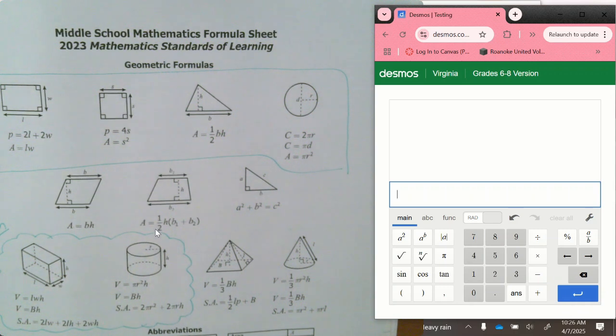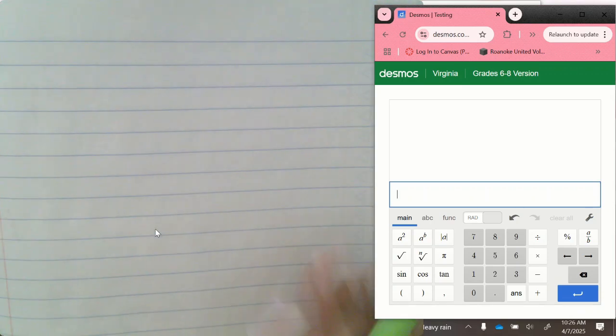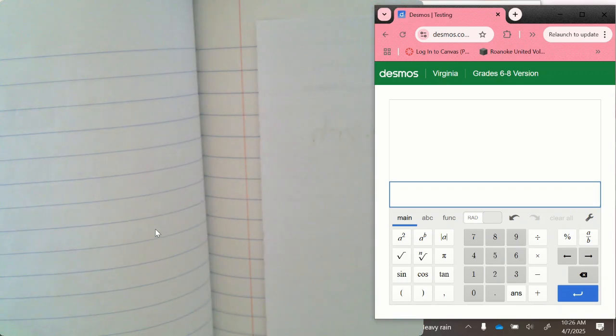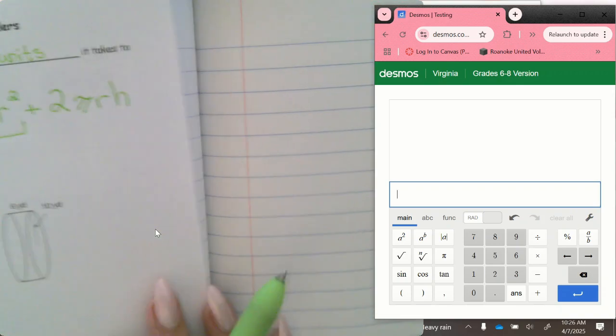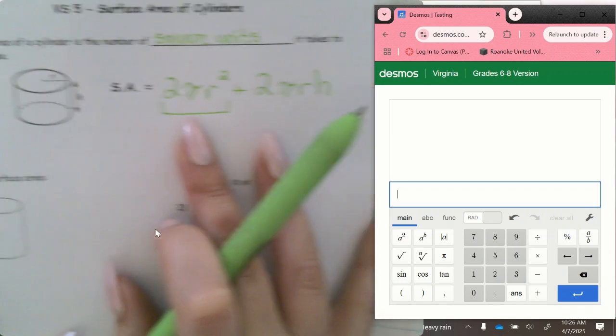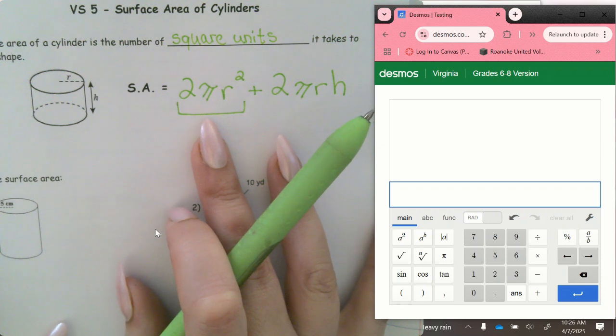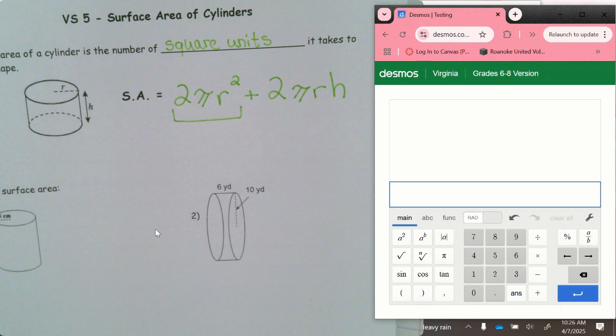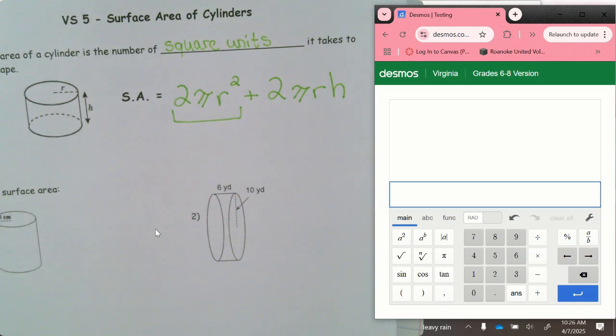Pi r squared, okay? So when you're looking at that part of the formula, the 2 pi r squared, pi r squared is the formula for area of a circle. So why do you think, when we're finding the surface area of a cylinder, there might be a 2 in front of the area formula for a circle?